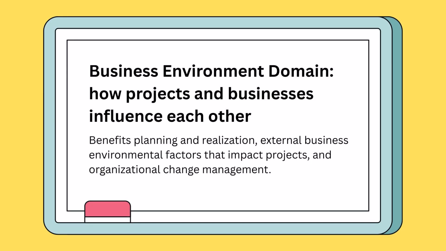The business environment domain includes topics like benefit planning, realization, external business environmental factors that impact projects, and organizational change management. This domain evaluates whether candidates understand how project and business influence each other. Without this knowledge, project managers would struggle to understand the system interaction between projects and the organization as a whole.